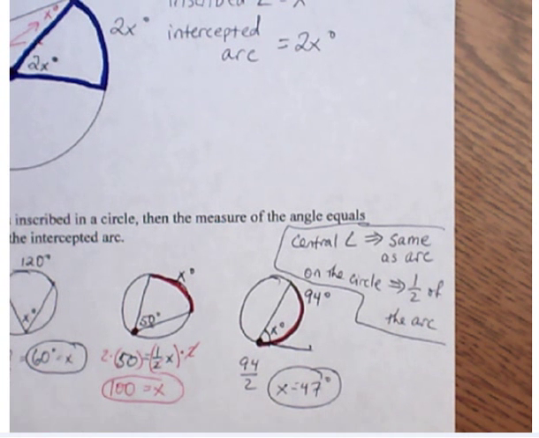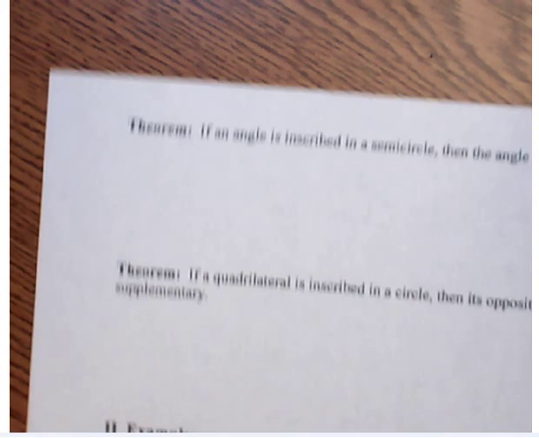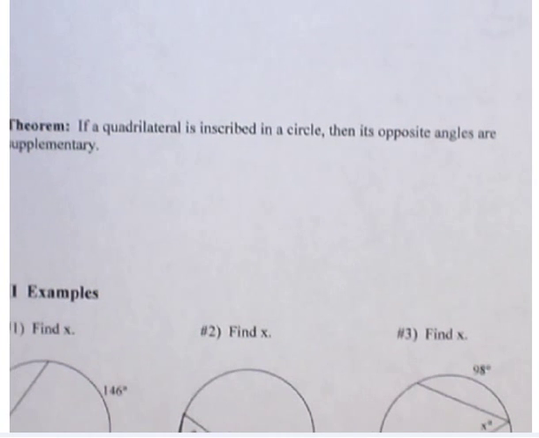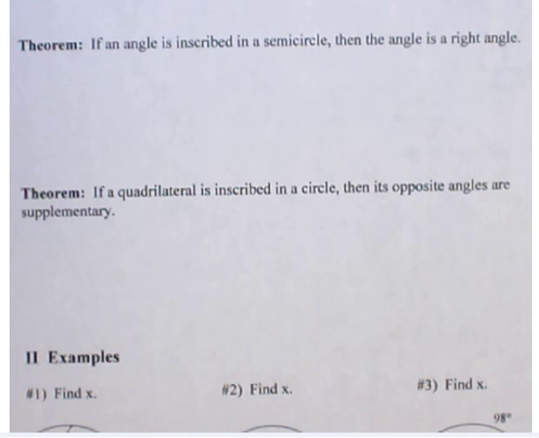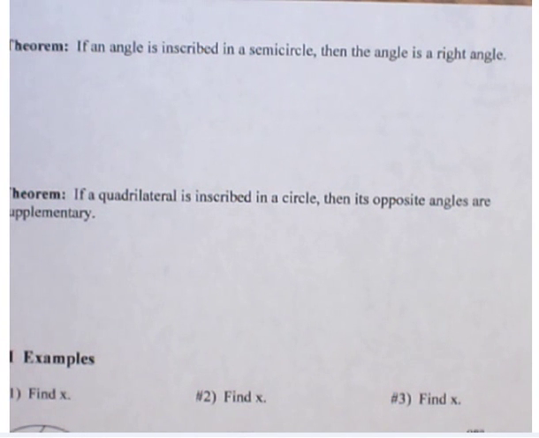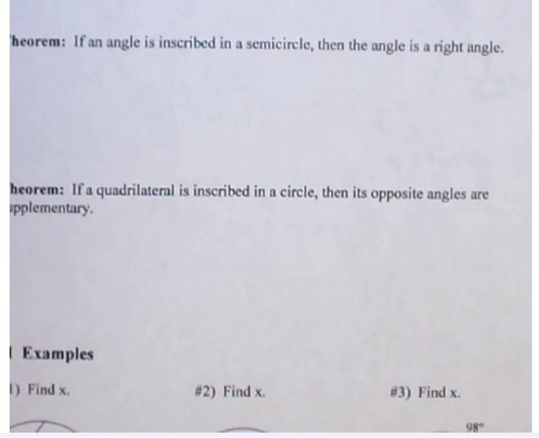Okay, now let's go on to the other side here. We have a couple more rules we want to look at. These are two special cases, two theorems. If an angle is inscribed in a semicircle, then the angle is a right angle.